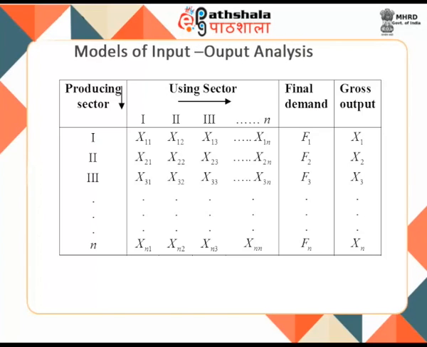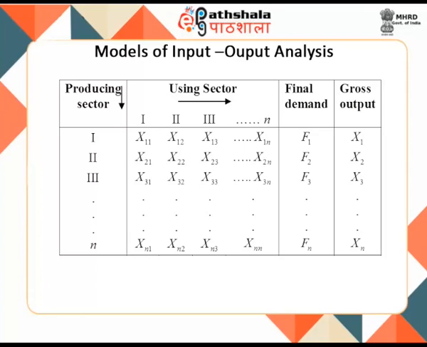X11, X12, and so on to X1n is the amount of output of sector or industry 1 used as input in sectors or industries 1, 2, 3, and so on to n. X21, X22, and so on to X2n is the amount of output of sector or industry 2 used as inputs in sectors or industries 1, 2, and so on to n, and so on.